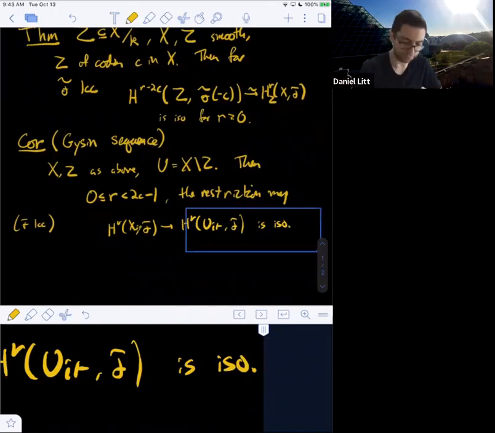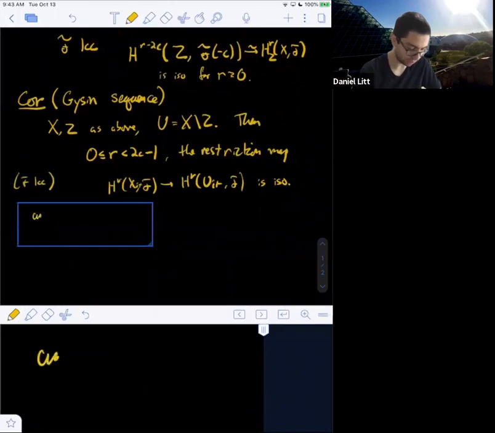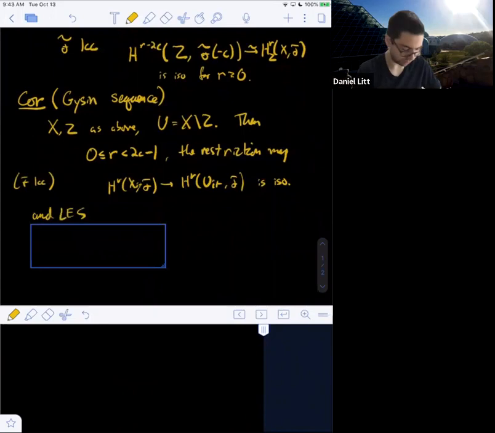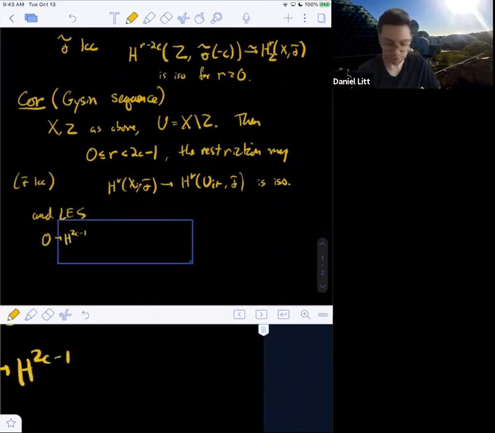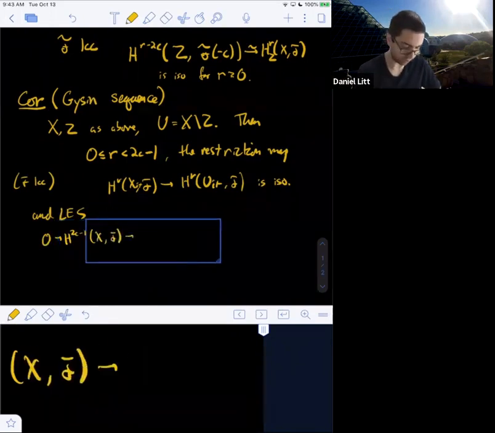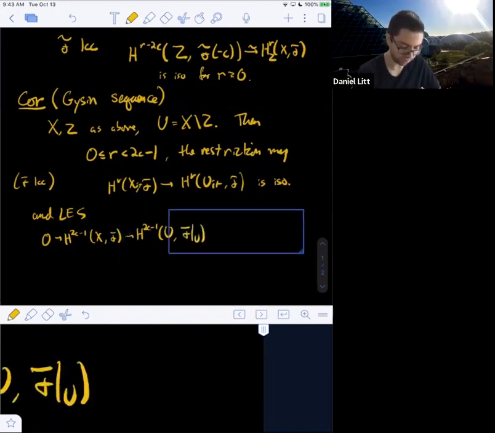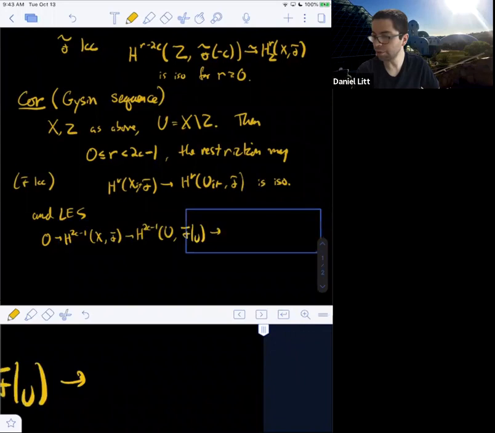And then what happens for big r? There's a long exact sequence starting at H^(2c-1) of X with coefficients in F, then going to the same with U. So this is the first spot where the previous map is not an isomorphism in general. And then what's the cokernel?